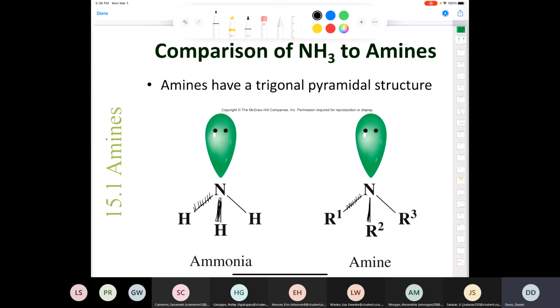And if you're unsure about the trigonal pyramidal structure, you could make a model of that in the lab. We have atoms that represent nitrogens, lone pairs, and hydrogens, and so you could make a nice model, and you could see that the bond angle here is close to 109.5 degrees, but a little less.